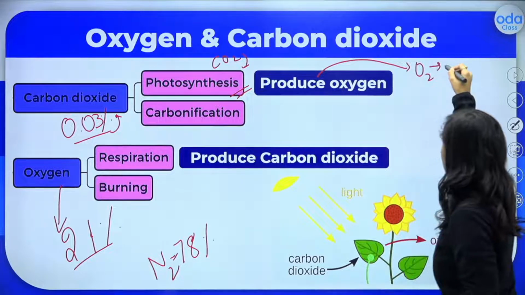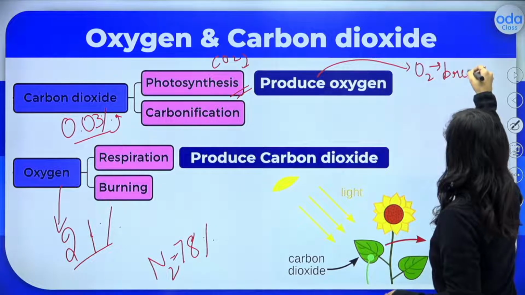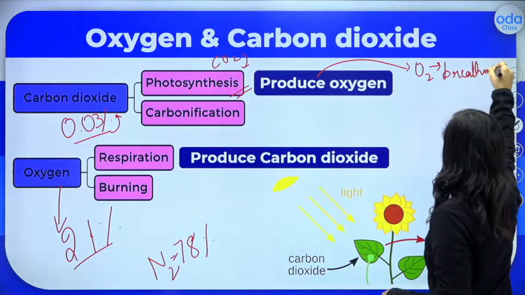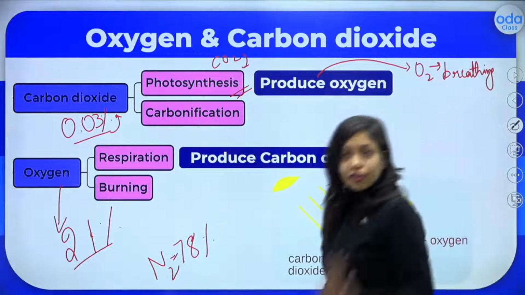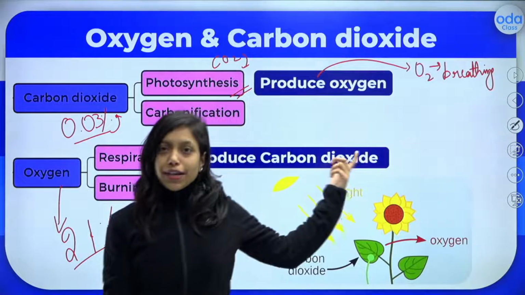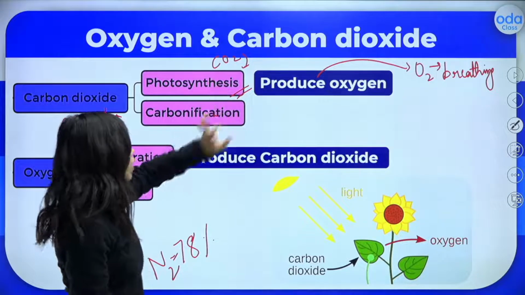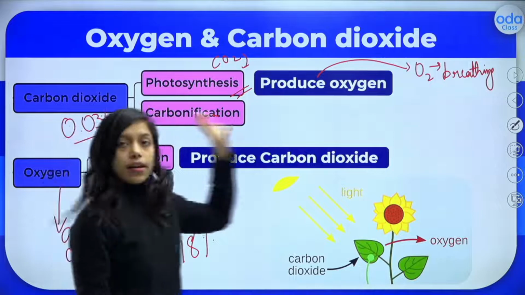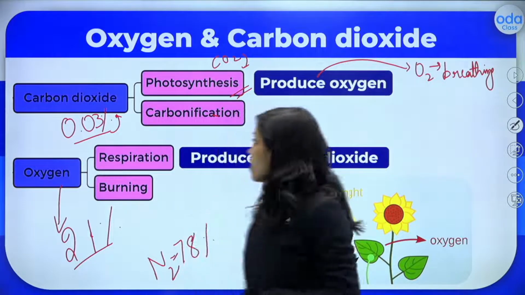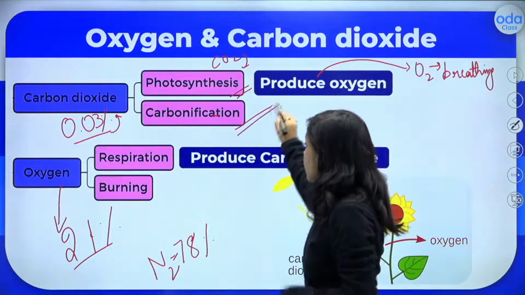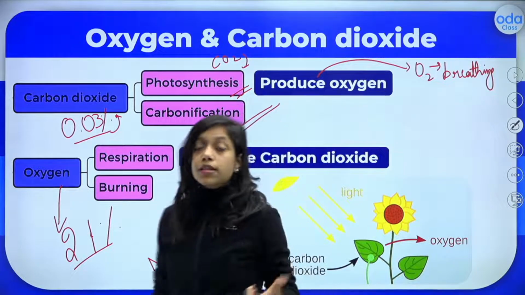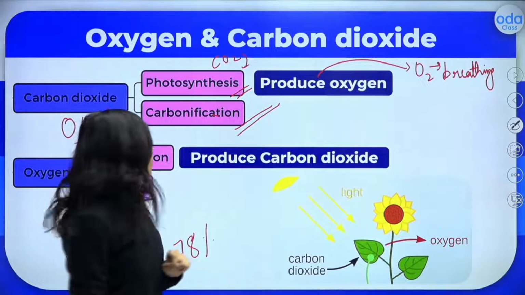And this oxygen is used for breathing purpose. We are breathing the oxygen which is produced by the plants. But for the plants to produce oxygen, they need carbon dioxide, which is present in the air, right? Second thing, for carbonification, yes, we do carbonification of many substances. For that also, we need carbon dioxide.